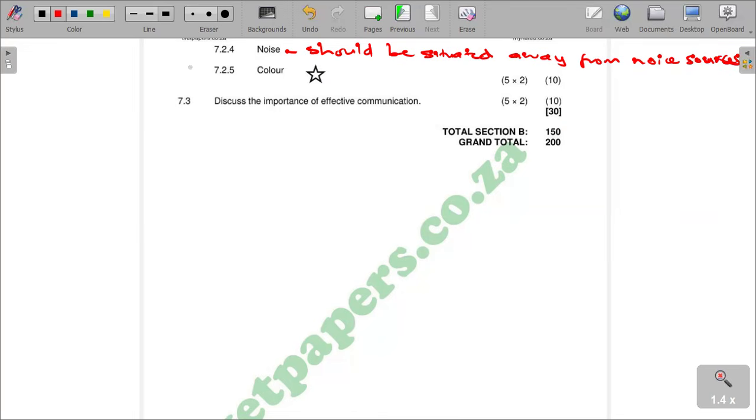Color. There are colors that can create a specific atmosphere. For example, a warm and cheerful, or a cool and calming atmosphere.